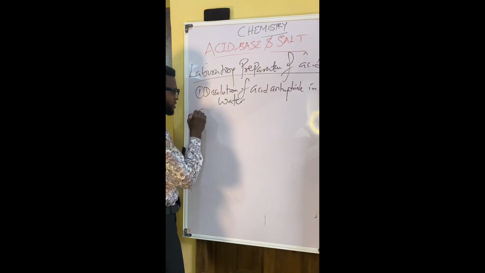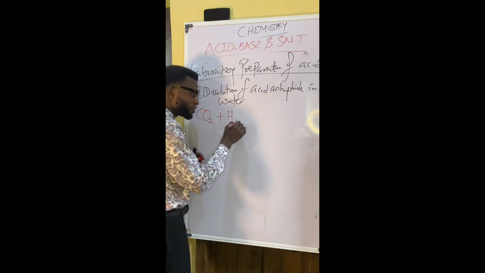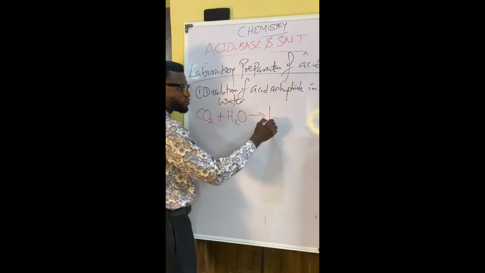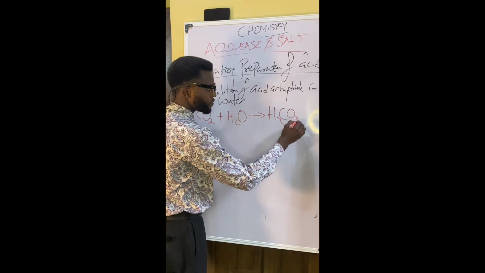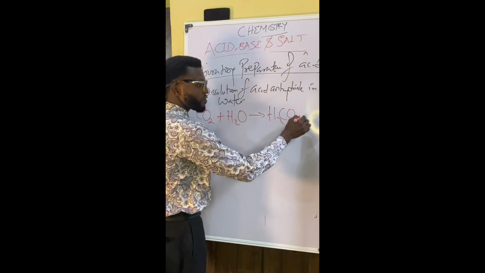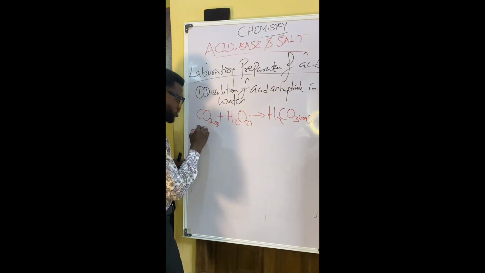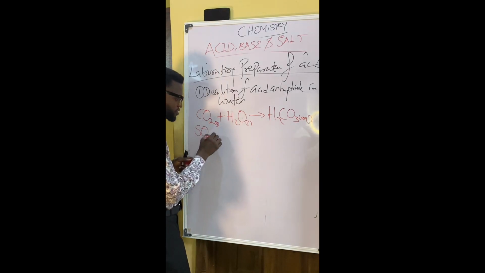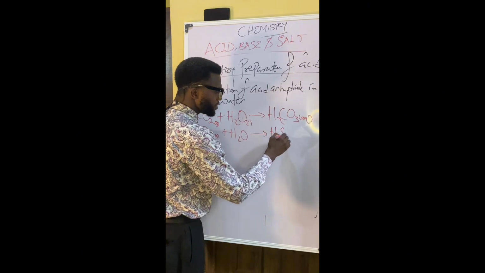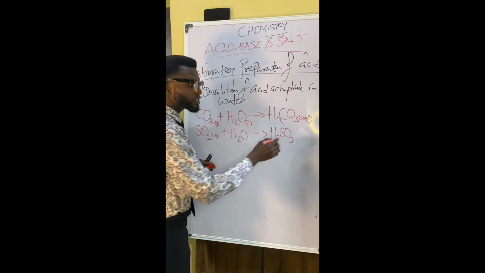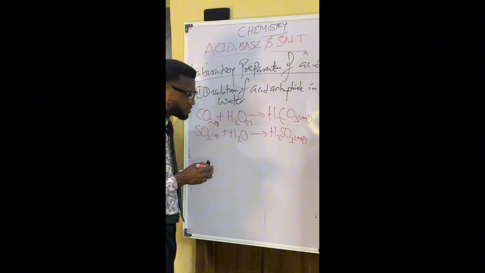In that event, we have carbon 4 oxide dissolves in water to give you, as you can see, H2CO3, trioxocarbonate 4 acid. Then sulfur 4 oxide dissolves in water to give you H2SO3, sulfurous acid or trioxosulfate 4 acid.